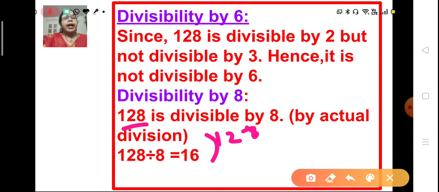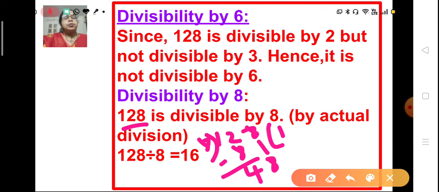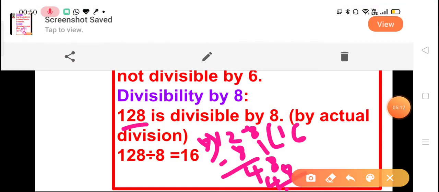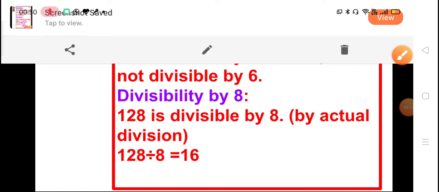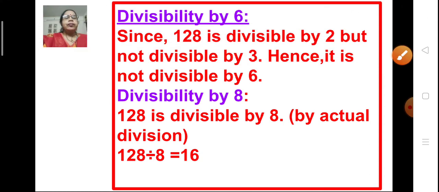You can check by actual division, isn't it? 8 once is 8 and 12 minus 8 is 4, and then we take 8 here and this becomes 48, and 8 6 times is 48. So, the number is completely divisible by 8, it is 16, isn't it? So, the quotient becomes 16 and the number is completely divisible by 8.